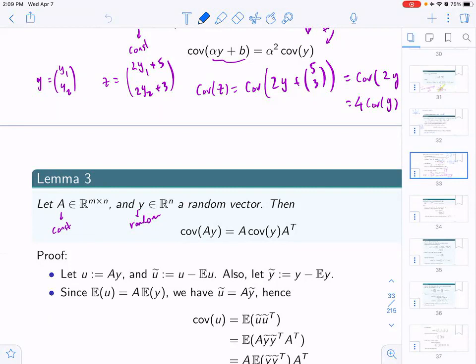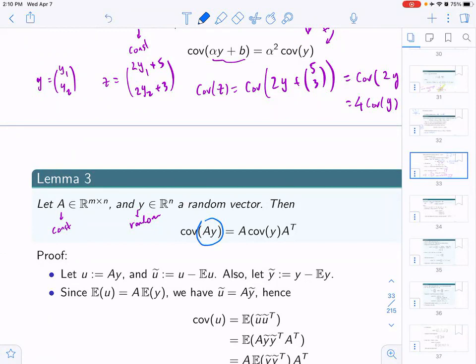So what is this lemma about? Oh yeah, so I can factor out the non-random variable A and A transpose, Y versus random. Y is random, yes. A is non-random. So what is this trying to achieve? It's trying to compute. So this gives you a way to compute the covariance of a new vector, right?